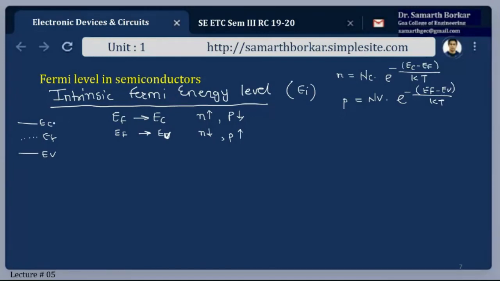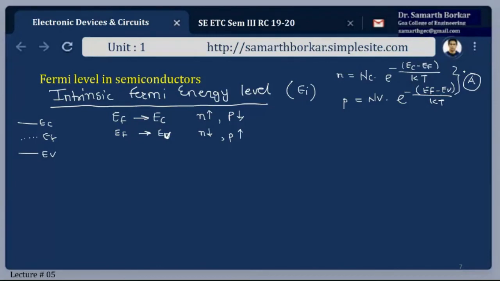EC is at a higher level as compared to EF, and EF is at a higher energy level as compared to EV. So I'm going to write EF minus EV, and this is EC minus EF. Now the objective is, instead of writing EF, we are going to replace it with the intrinsic EI. Let us mark this equation as A.